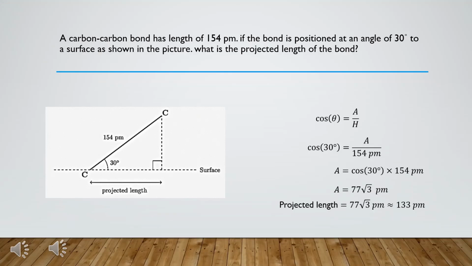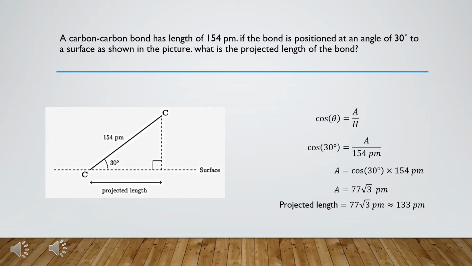The question here is, the carbon-carbon bond has a length of 154 pm. If the bond is positioned at an angle of 30 degrees to a surface as shown in the picture, what is the projected length of the bond? We know that this is a right angle triangle, and therefore we can use SOH CAH TOA. The hypotenuse is 154 pm, and we want to find the projected length, which is the adjacent.